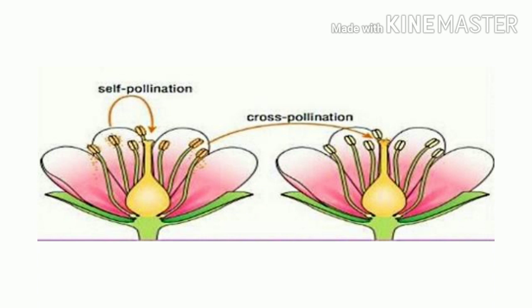This whole process of transfer of the pollen grains to their destination, that is the stigma, is called pollination. This whole process helps in the fertilization of the flowering plants.